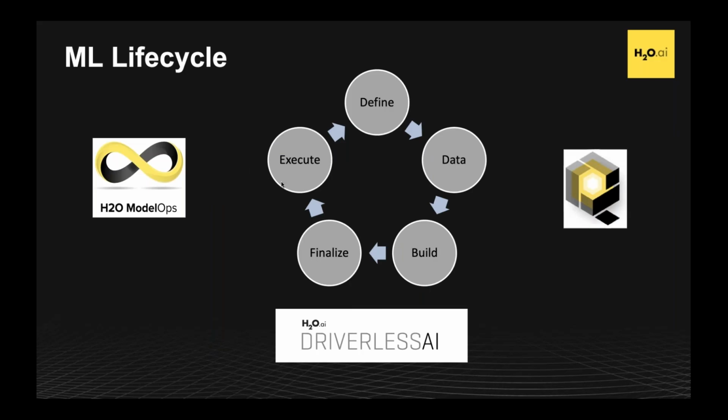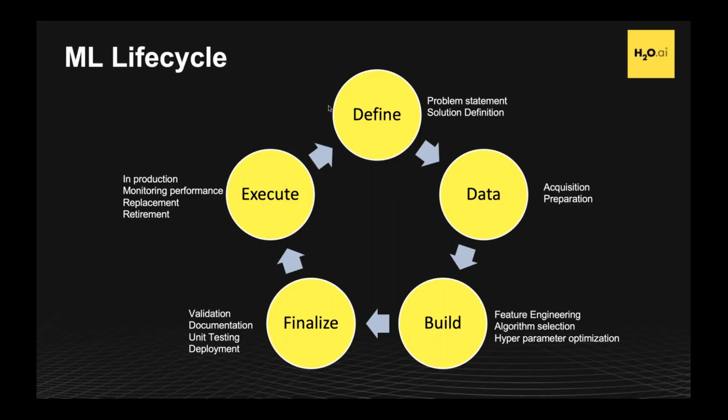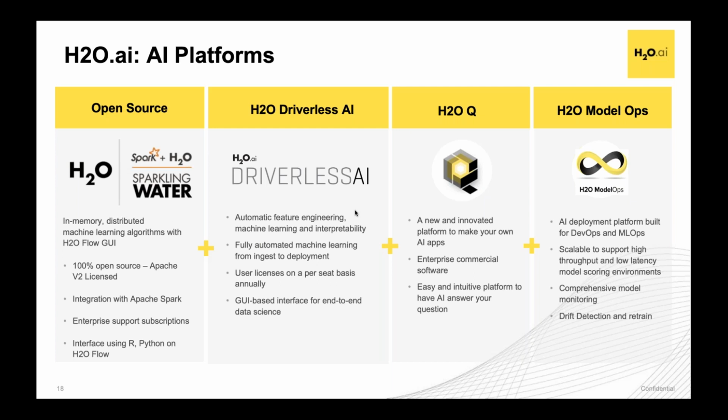So with that, I would like to revisit this life cycle again, and try to overlap this with the kind of stack that H2O has. Right? So H2O as a company, we started as an open source company. We have a bunch of open source algorithms which 100,000 plus data scientists have been using. There's a big community which is using it for both personal as well as at a professional industry level.